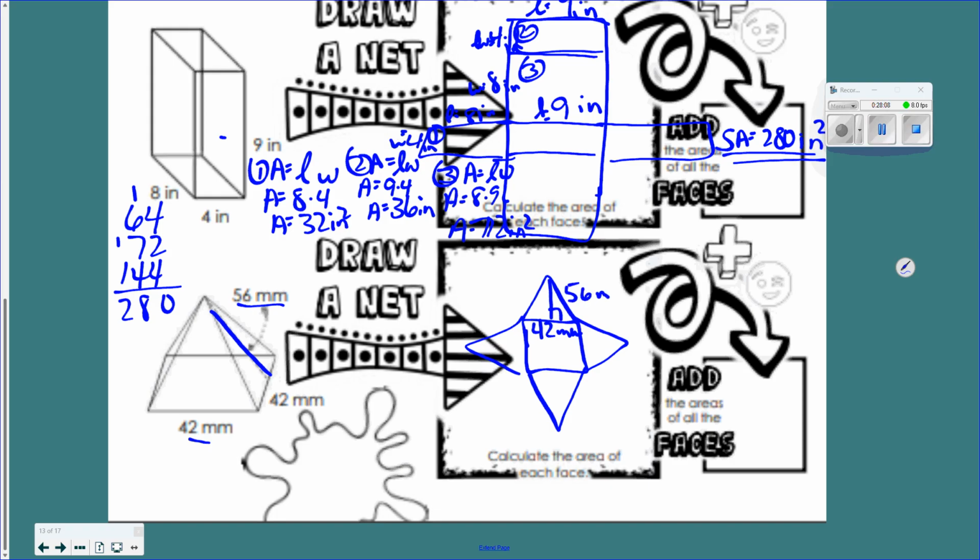Square, which is 42 by 42, oh, thank you, 42 times 42. I think I was already doing the math in my head.